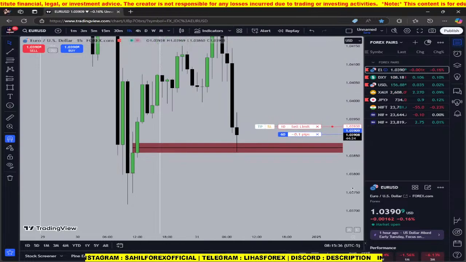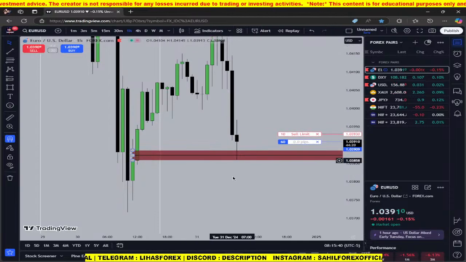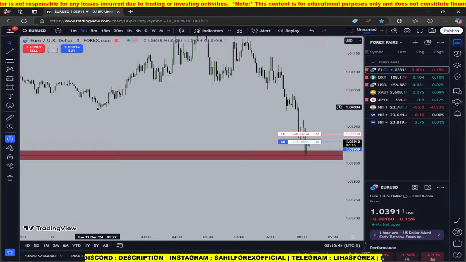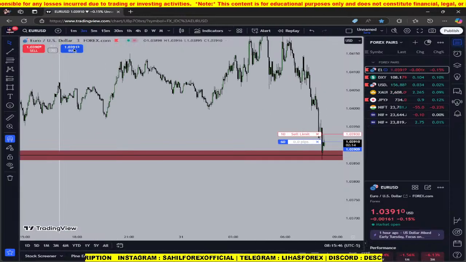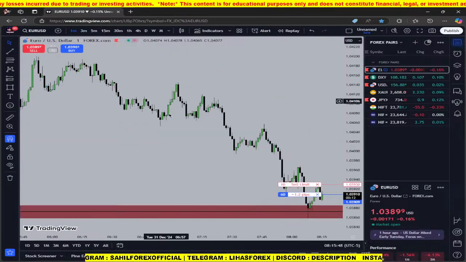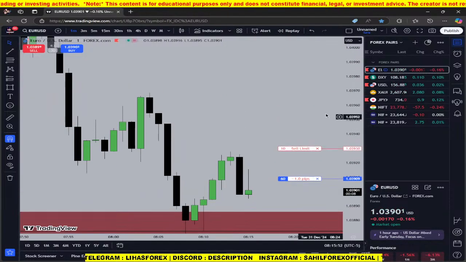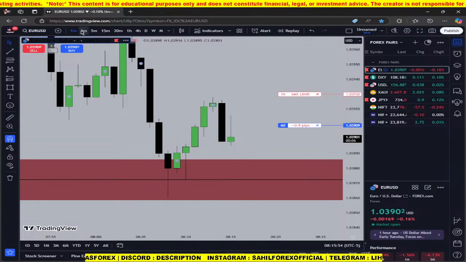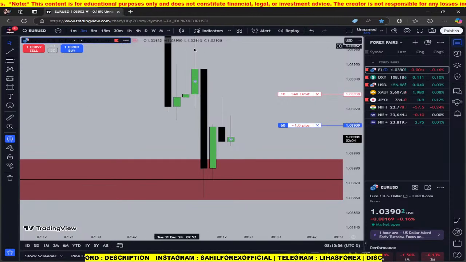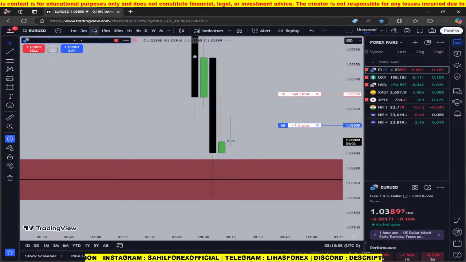We have a balanced area in 1 hour over here, right? If it has to cross this, it has to show speed downwards, which I'm not getting, right? It moved down from here, so I'll probably reverse my position because I'm just following the order flow.